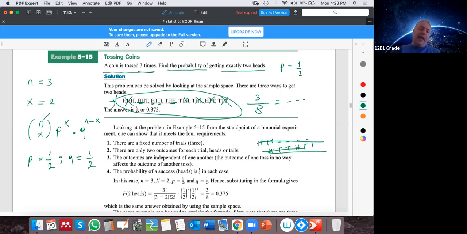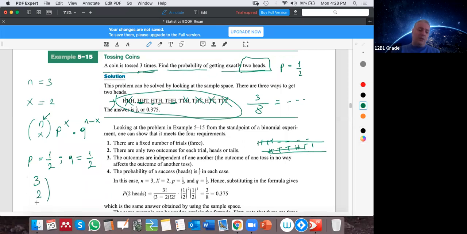What is the formula? N is how many times you are repeating this action, how many times you are making an experiment. Tossing the coin once is one experiment, so 3 tosses means 3 experiments. In these experiments, how many times do you want to see the success? Your success is to see the head, so 2 times.